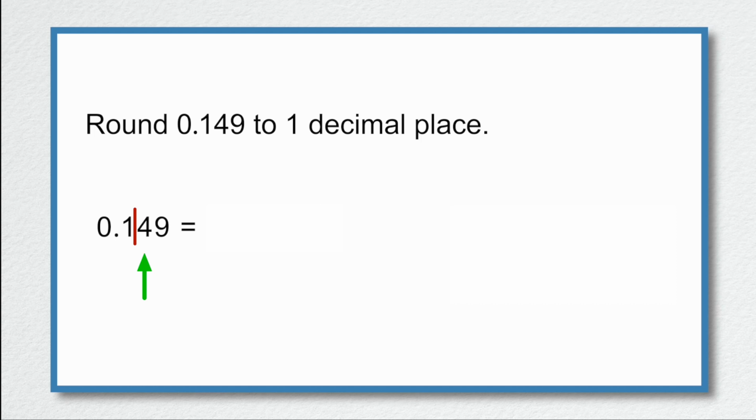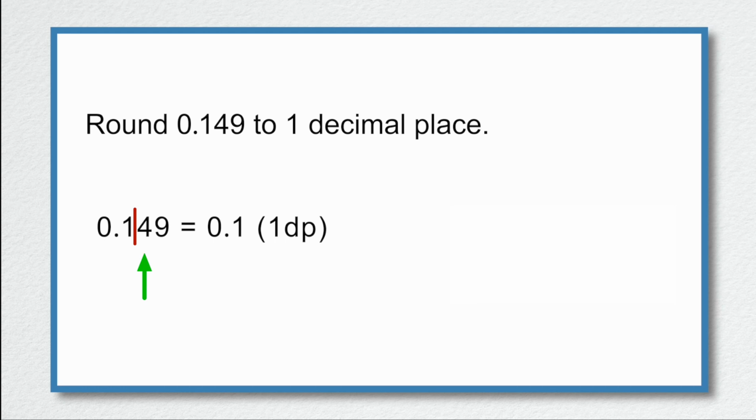And we look at this, and if it's 4 or less, we round down. And if it's 5 or more, we round up. Now, because this digit is 4, it means that the 1/10 stays as 1/10. And so we would write this as 0.149 is equal to 0.1 to one decimal place.